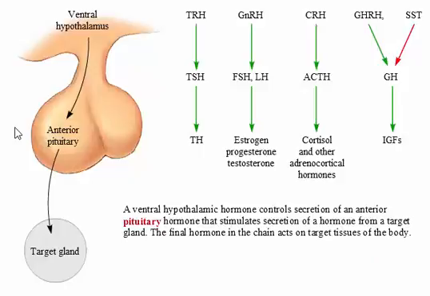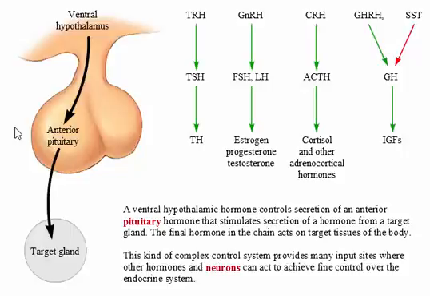A ventral hypothalamic hormone controls secretion of an anterior pituitary hormone that stimulates secretion of a hormone from a target gland. The final hormone in the chain acts on target tissues of the body. This kind of complex control system provides many input sites where other hormones and neurons can act to achieve fine control over the endocrine system.